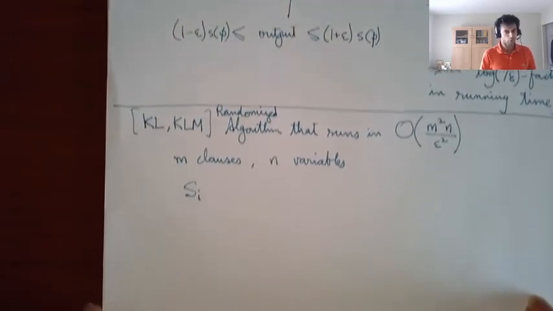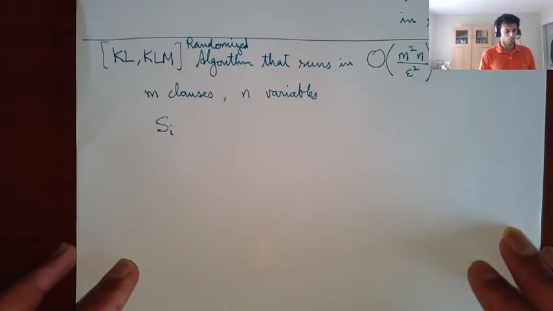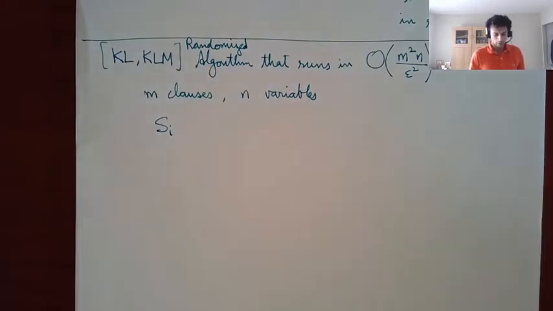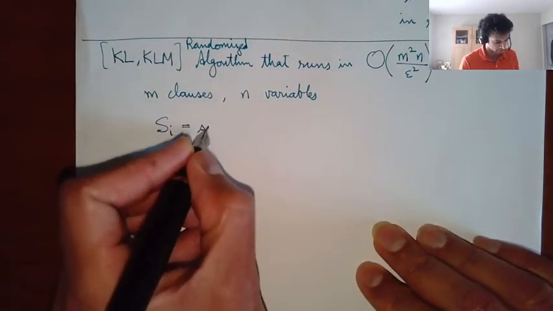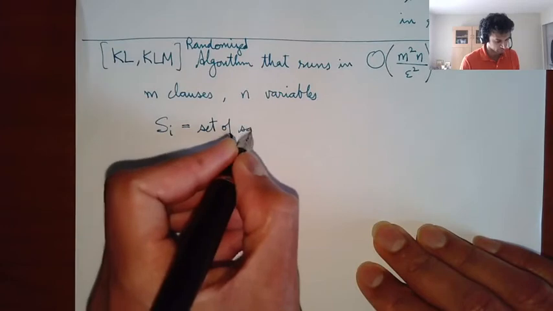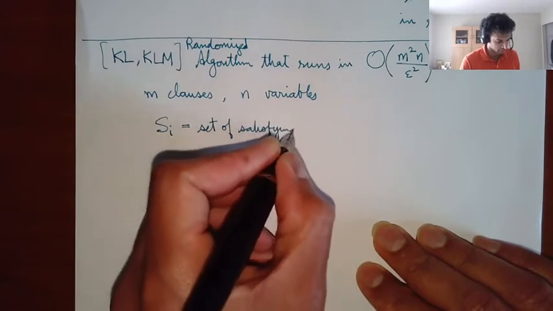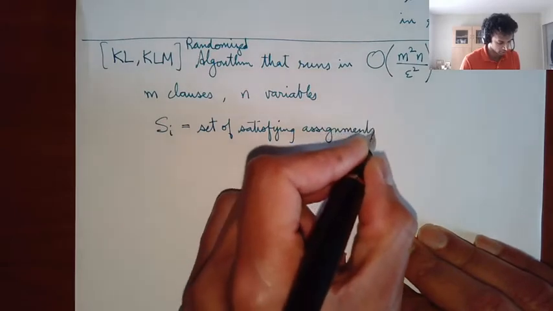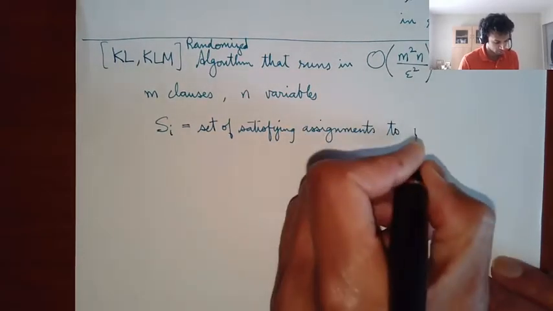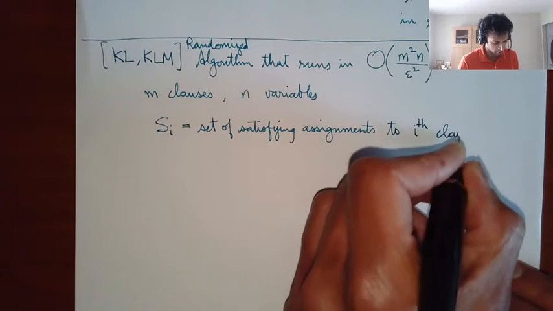Okay, so now let's go to Karp-Luby. First I need to give you some notation. S sub i is the set of satisfying assignments to the ith clause.